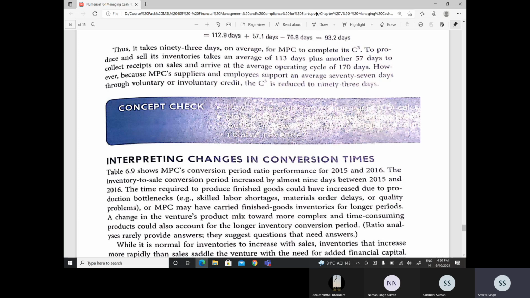So for example, Reliance collects on an average in 2 weeks from its customers, but it pays its suppliers anywhere between 3 to 6 months. Okay, so these large companies are able to actually carry on their operations with a lot of help from their suppliers.